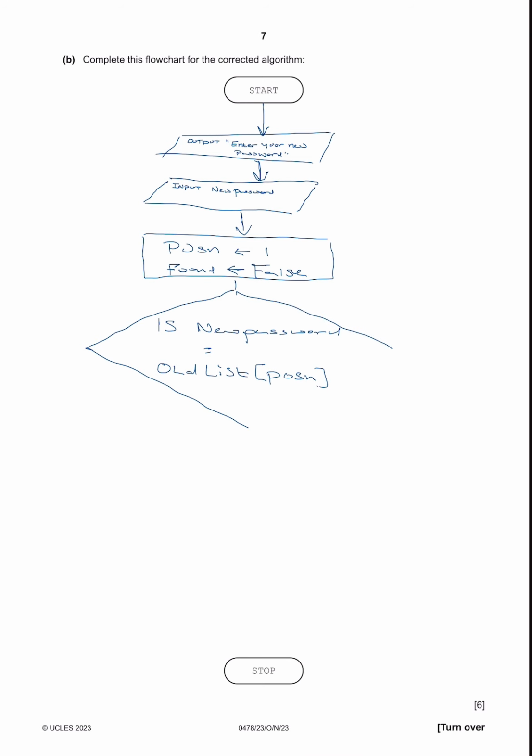Okay, and because this is a decision, it goes in a diamond shape or rhombus. Now we've got two possible options. Okay, it's either true, so we put yes, or false, and we put no. Right. If it's yes, we set found to true.